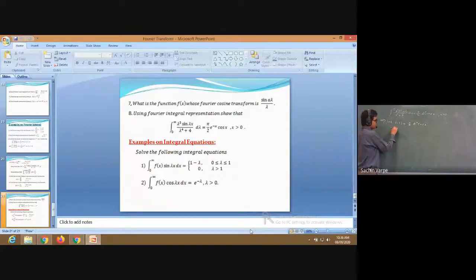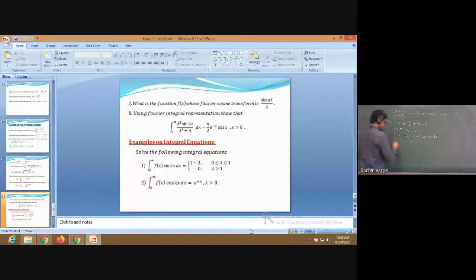Therefore, the Fourier sine integral representation is f of x equals 2 by pi integral from 0 to infinity f s of lambda sine of lambda x d lambda, isn't it?